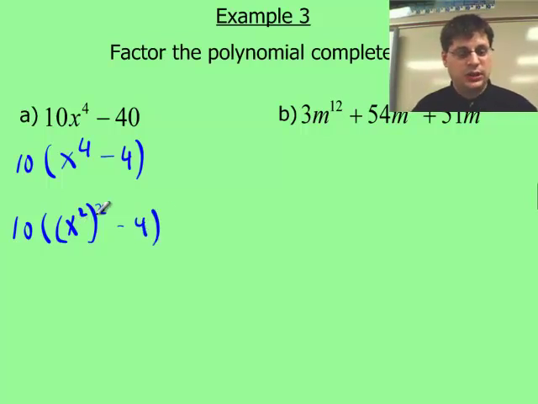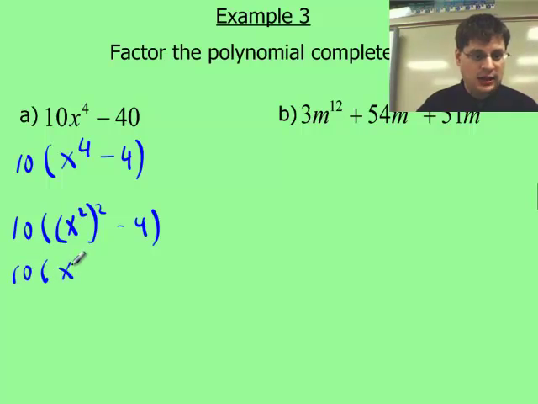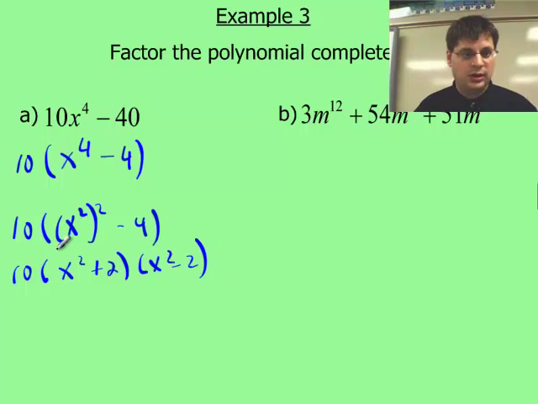So since this is x squared squared, and 4 is a perfect square, we can go ahead and write this as x squared plus 2 times x squared minus 2. Okay, so this is in the form of a quadratic, even though it's not.